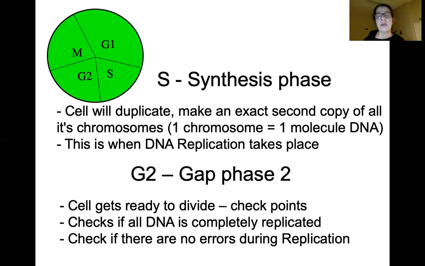In this case, the event would be DNA replication. So in G2, the cell will check whether DNA is completely replicated, whether there are any errors during DNA replication that need to be repaired. And it will check to make sure that it has everything else in place, like the spindle, and it has grown to the right size, and it's ready really to divide.